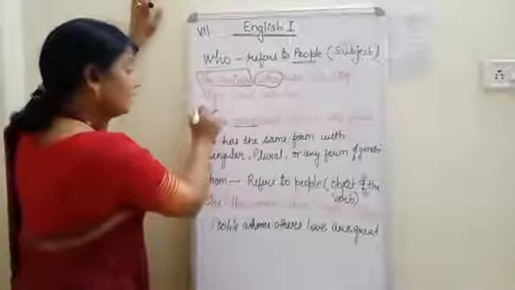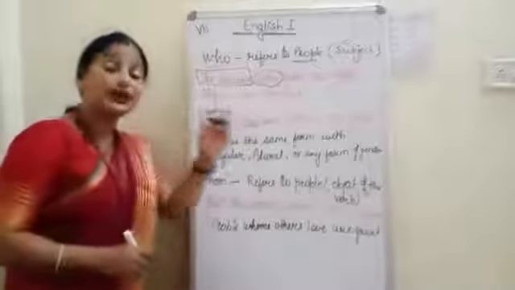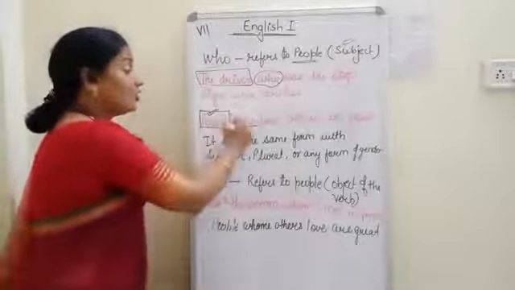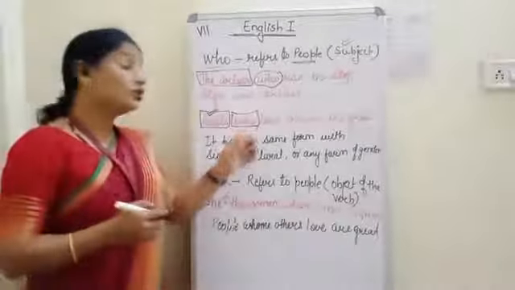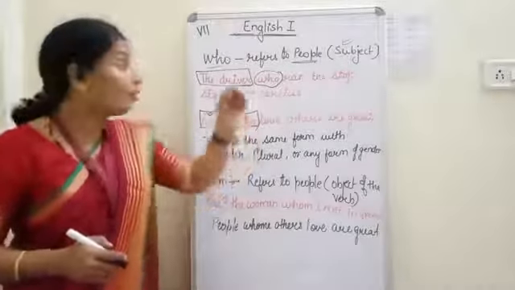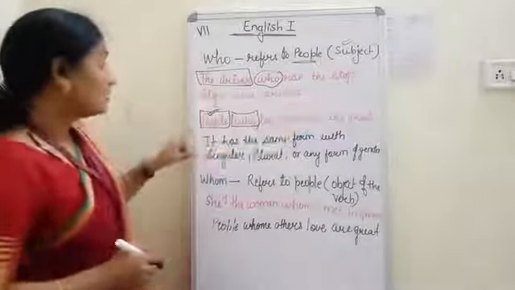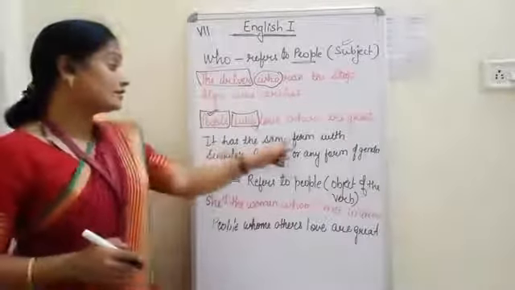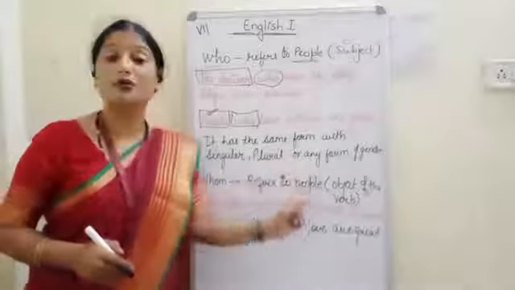So I am representing this people, that is people who love others. This will be your relative pronoun. So children, the rule to use the relative pronoun who is that it always refers to the subject. Okay. Now, this who has the same form with singular, plural or any form of gender.